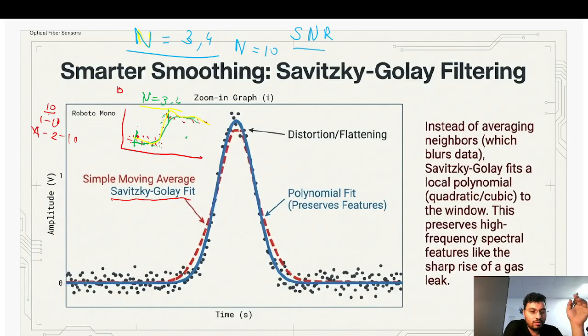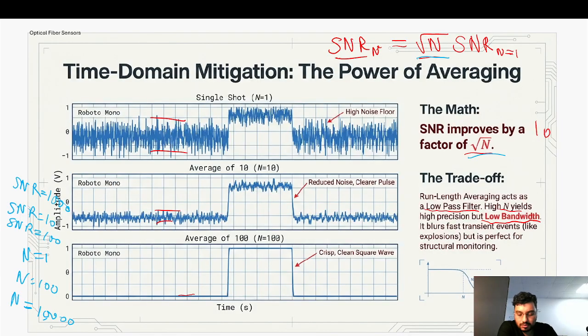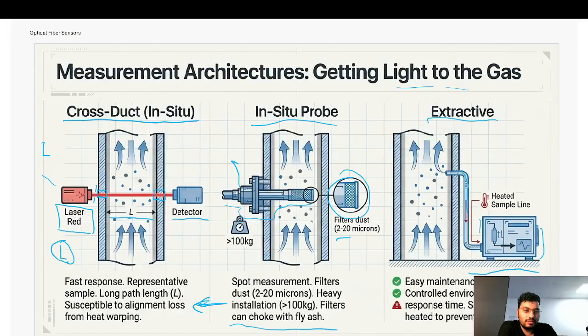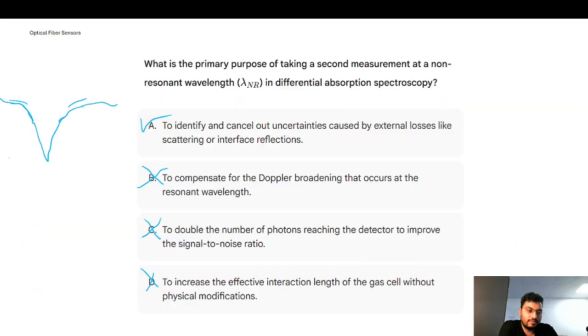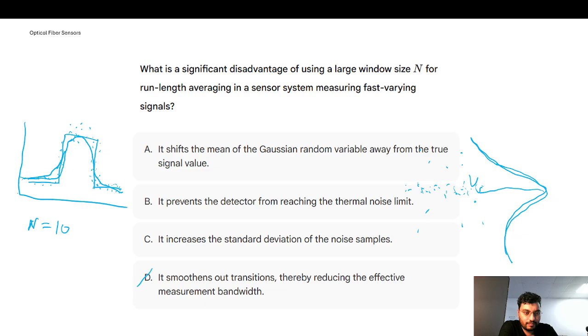Yeah, so to average it, the best method is the Savitzky-Golay fit. Better than the run length averaging, this is the best. What will happen is the data points are chopped into small chunks.